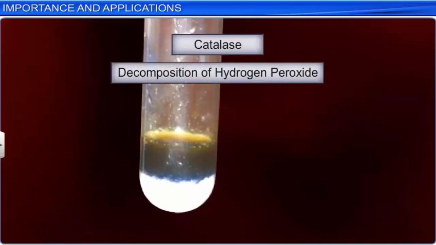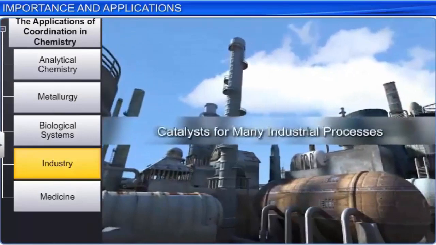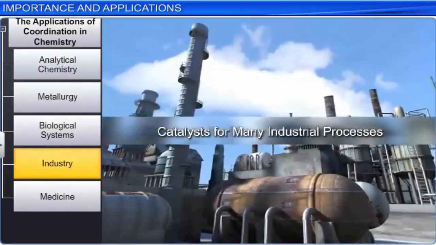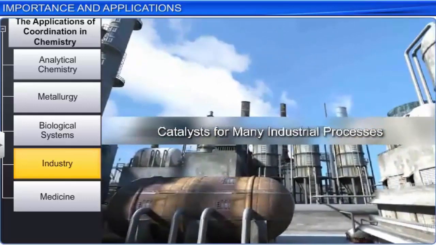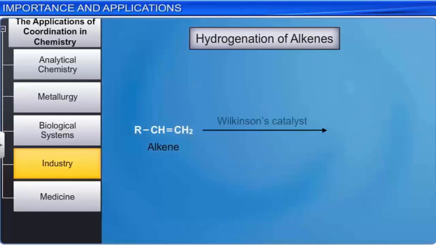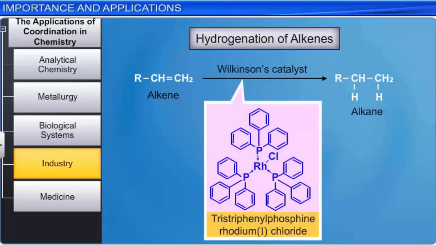One of the applications of coordination compounds is their use as catalysts for many industrial processes. For example, in the hydrogenation of alkenes, a complex metal catalyst, tris(triphenylphosphine)rhodium(I) chloride, also known as Wilkinson's catalyst, is used.